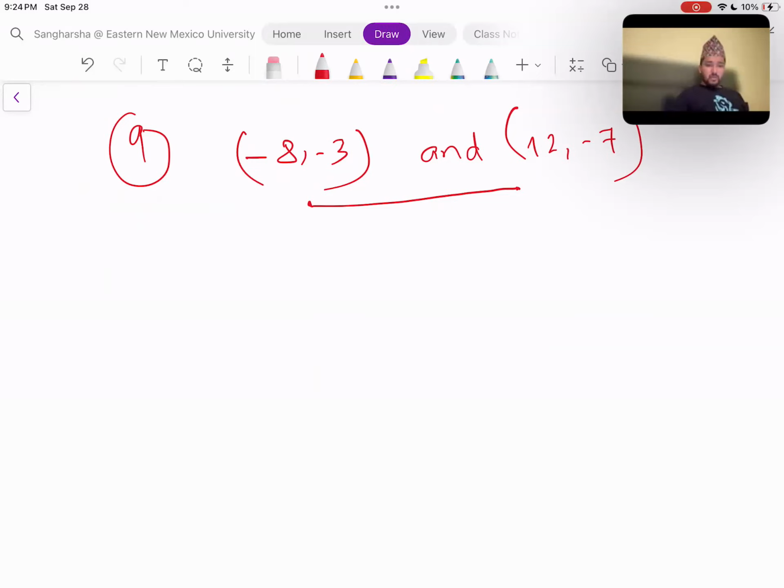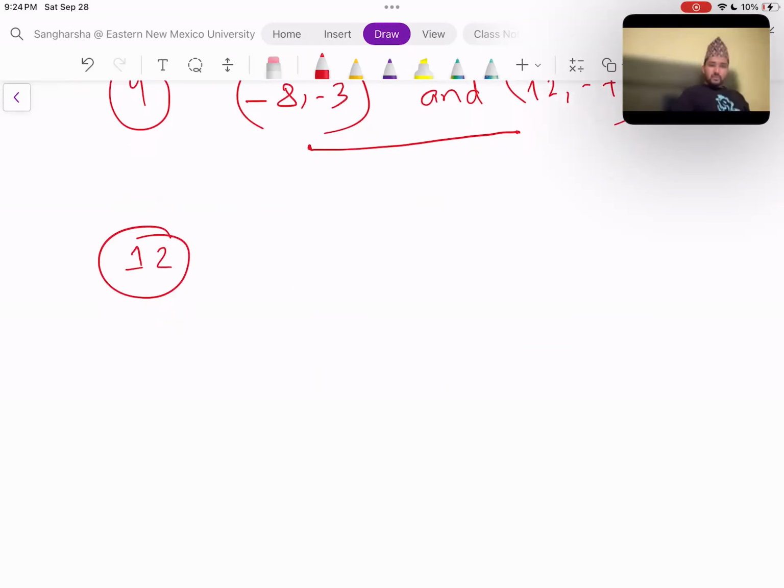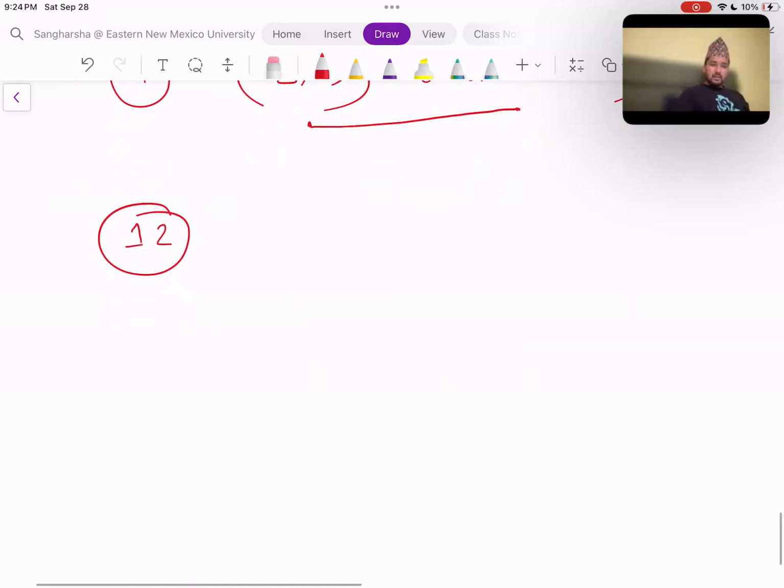Number 12. We need to find the equation of a line which is perpendicular to -3x plus y equals 4.